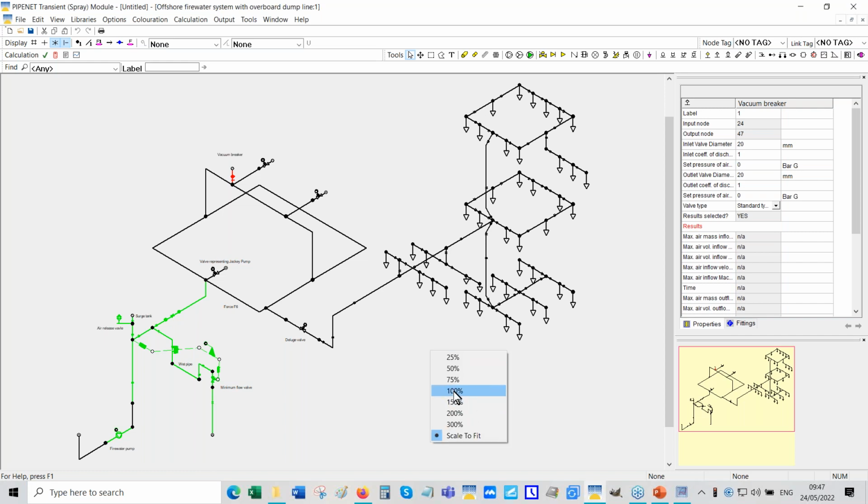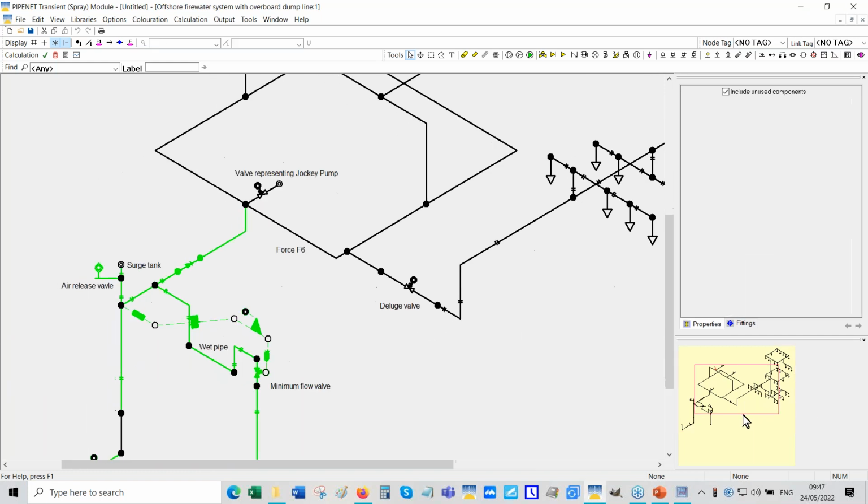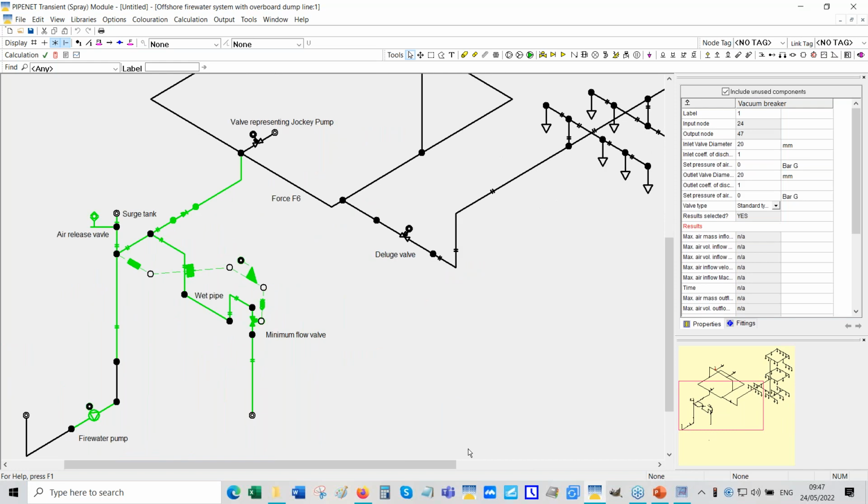So see, there's a low point in the system. Let's say that you designed it not in the best possible way. So there's no drain here. So water collects in that pipe.